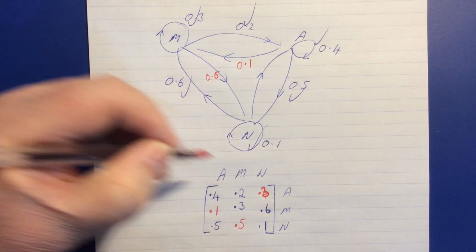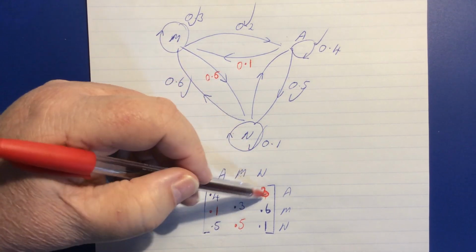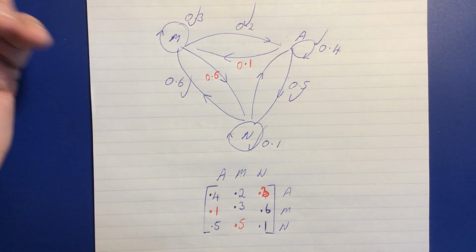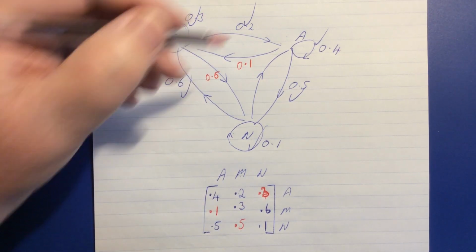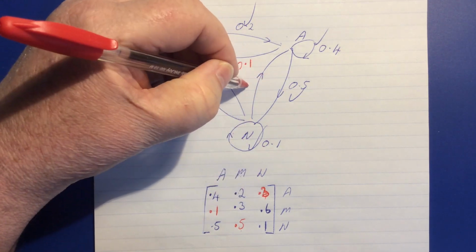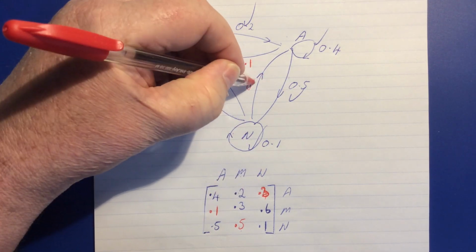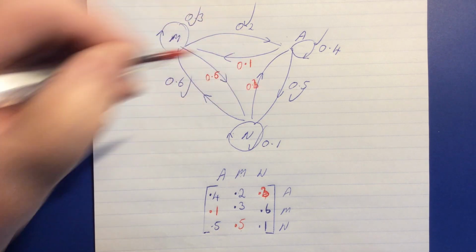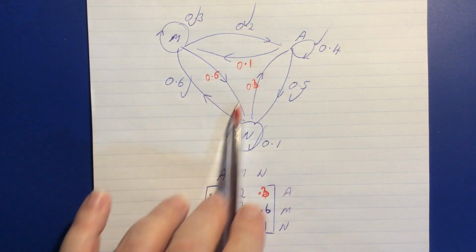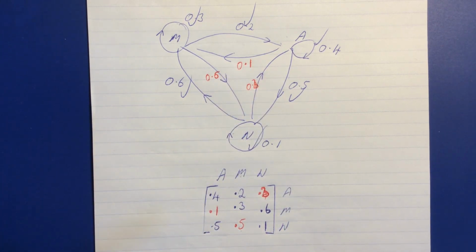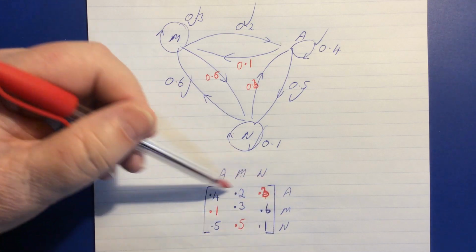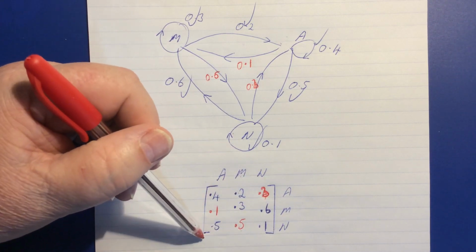Should not be in charge of anything. 0.3. 6 and 1 is 7, and 3 gives us 1.0. What is that? That is N to A, 0.3. Okay, so errors and omissions accepted. That is how we figure out what's gone missing from here, or what was never included. And that has completed our transition matrix.